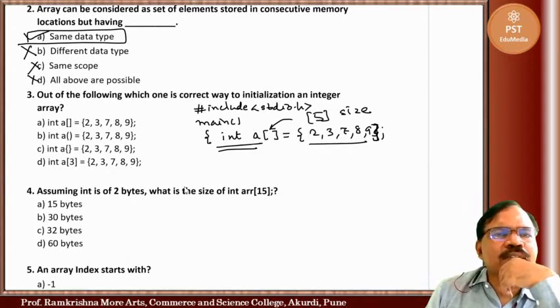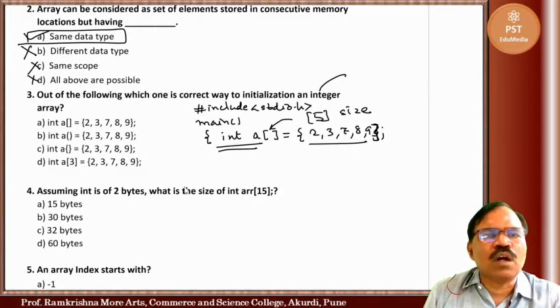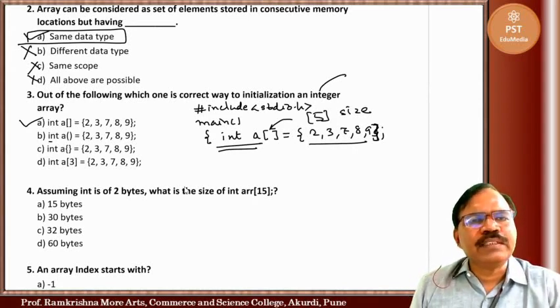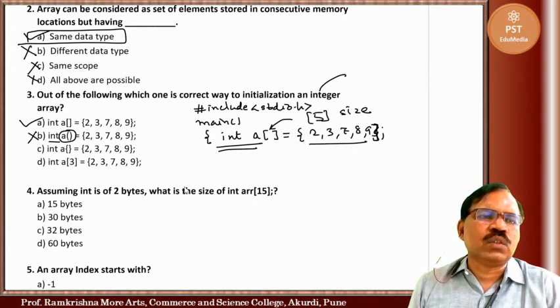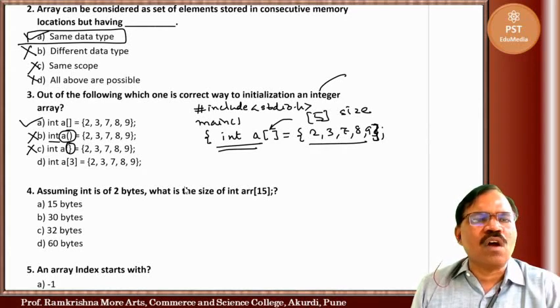So here first one, int a, we want integer array. Int a square bracket is equal to, in curly brace, 2 comma 3 comma 7 comma 8 comma 9. This is correct one. If we see this here, square bracket is not used, so it is wrong. Here also square bracket is not used, so it is wrong.